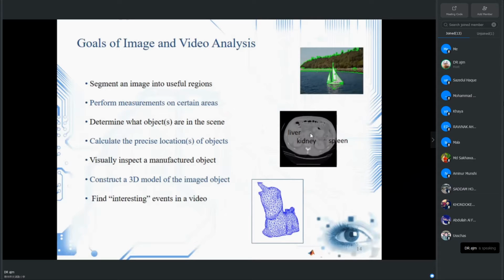Visually inspect manufactured objects, which nowadays has become much more in demand in industry, to have visual QC, not by people, but by machine. Maybe we go on to construct a 3D model of the imaged object. You know that nowadays, even to make objects faster, people use a 3D printer.